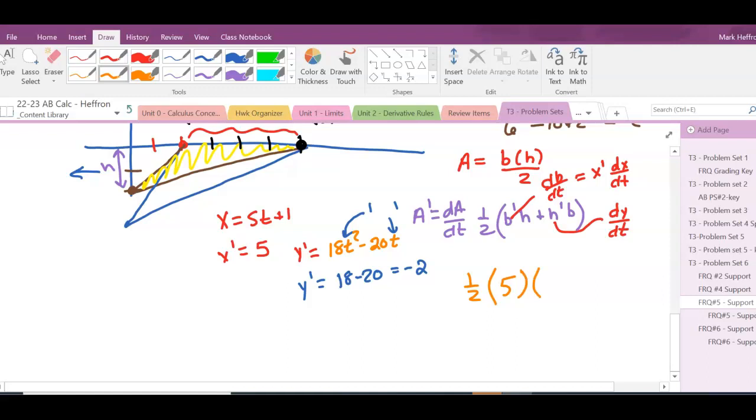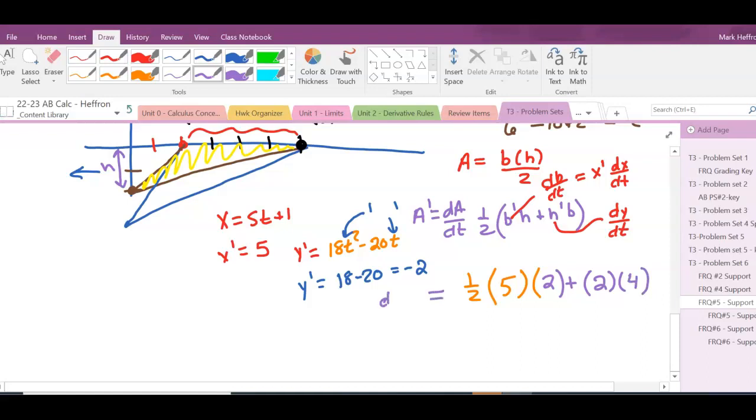The height was negative 2, but since it's a triangle, we're just going to say the height was 2 because it's got to be a positive height. Plus, our h prime was negative, but it was really a negative number getting smaller, so that's really like an increase in height. So we're going to say 2, and our base was 4 units.